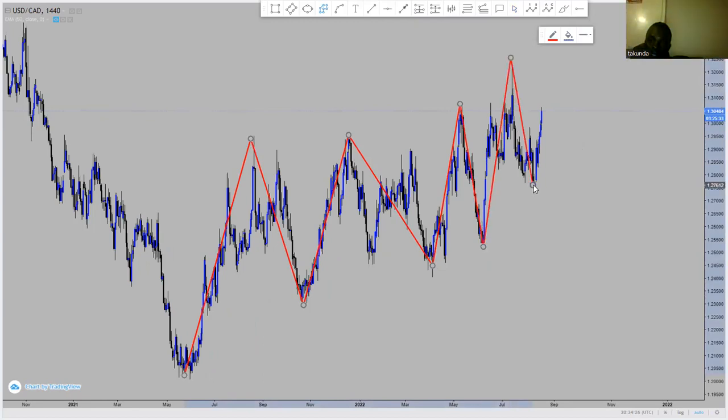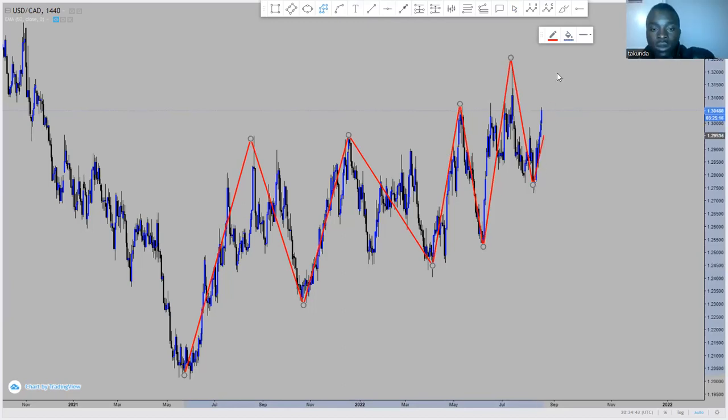According to your understanding of higher highs and higher lows, you know that the market is in a bullish market structure, right? Yes. So already roughly we can see that USD CAD is in a bullish market structure.